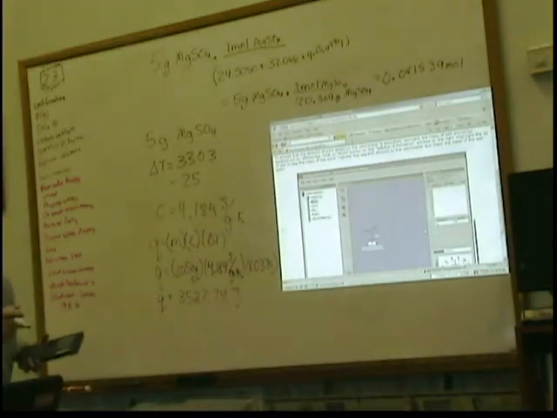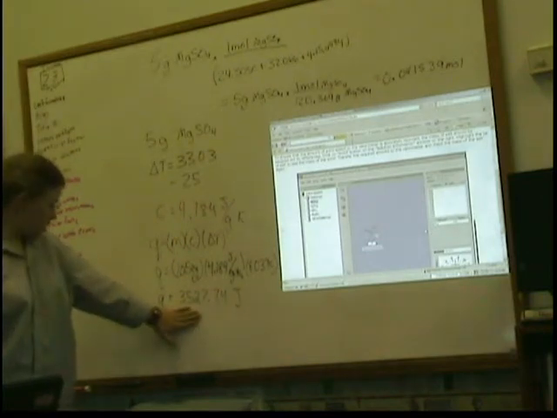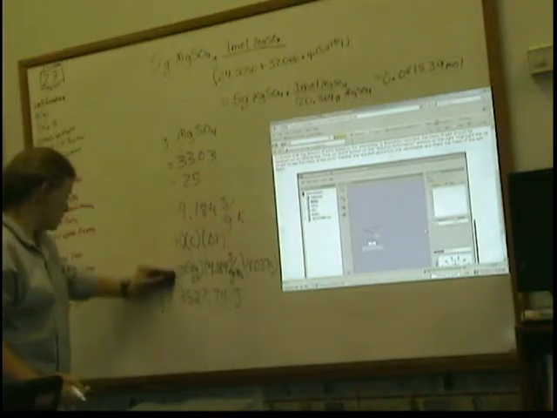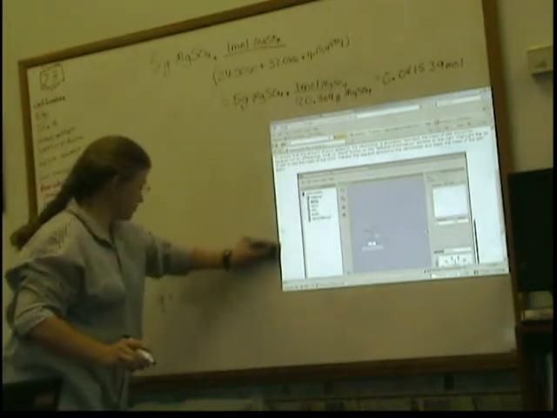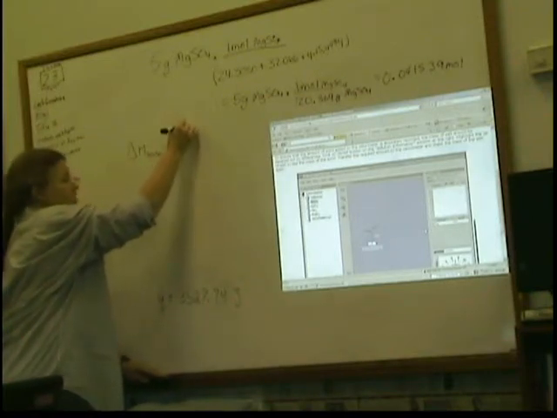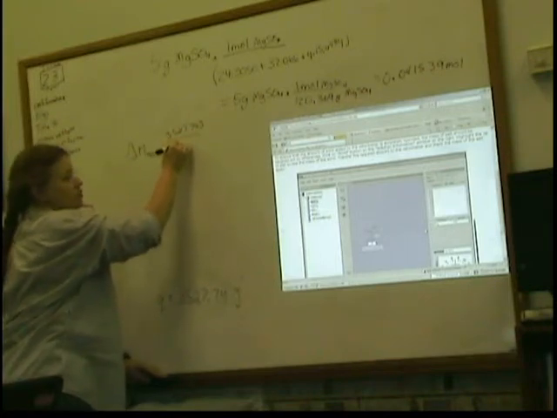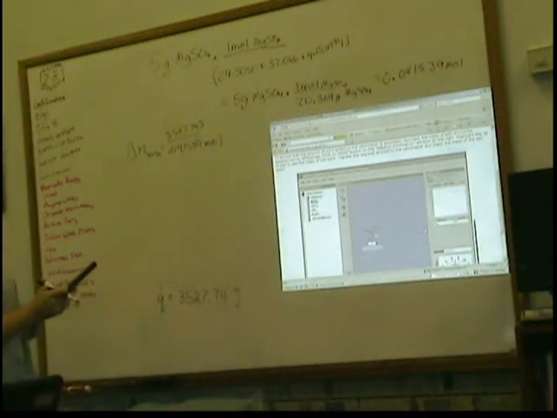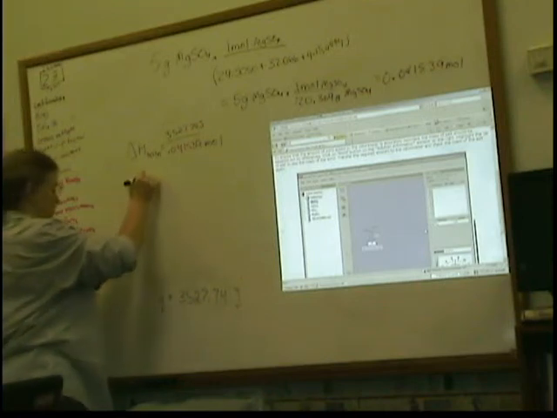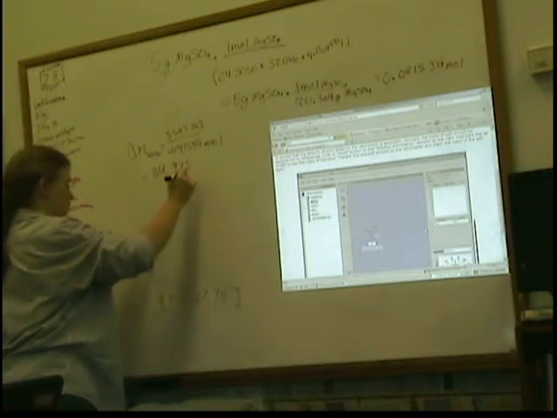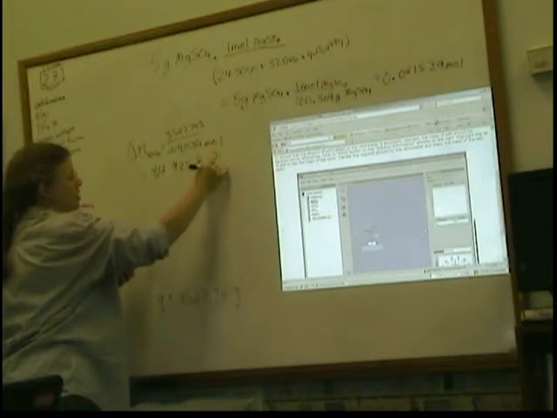So if my heat for 5 grams was 3,527.74 joules, and that was how many moles I had, then my delta H for solution should be 3,527.74 joules divided by 0.041539 moles. And I get 84,925.8 joules per mole.